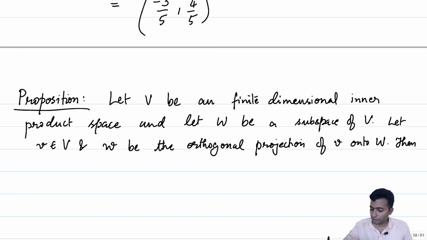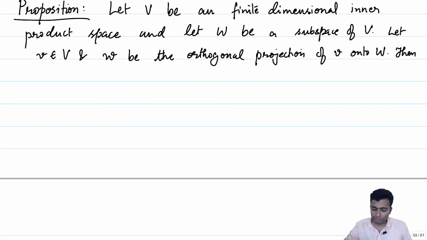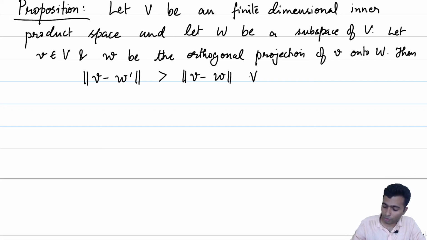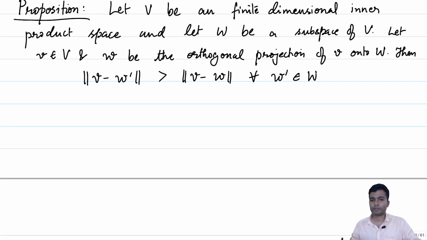The proposition tells us that this is the vector in capital W which is closest. Then the distance of v minus w prime is greater than the distance of v minus w for all w prime in capital W, and w prime not equal to small w. So, for any other vector in capital W, the distance is strictly greater than the distance of v to w.